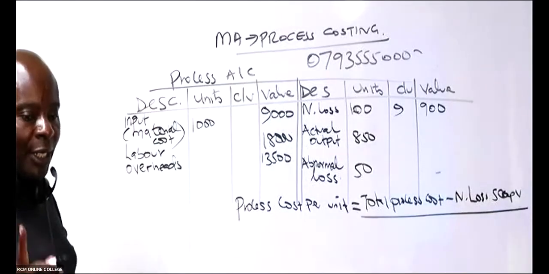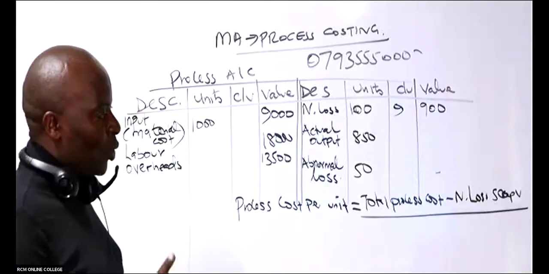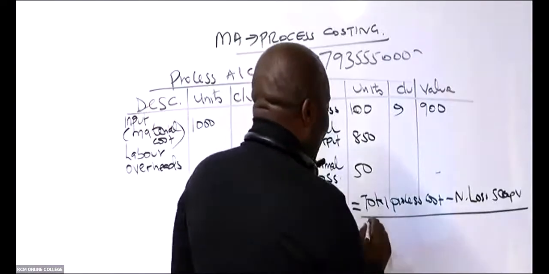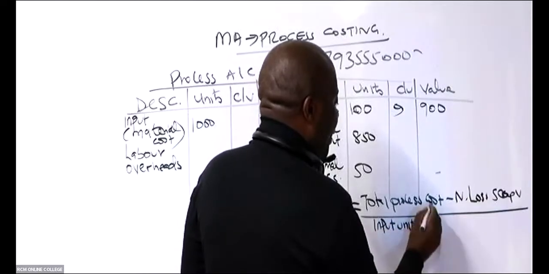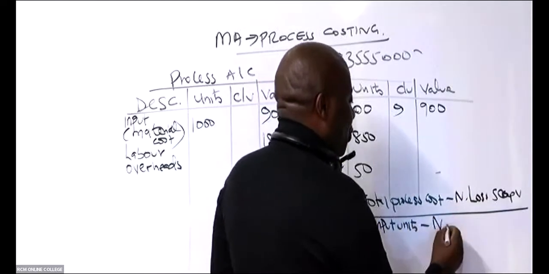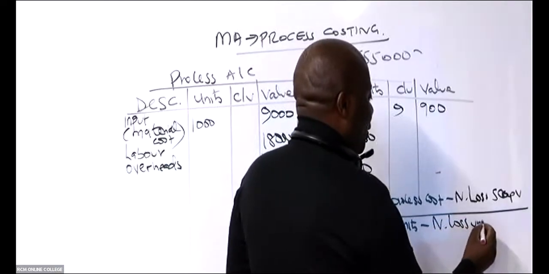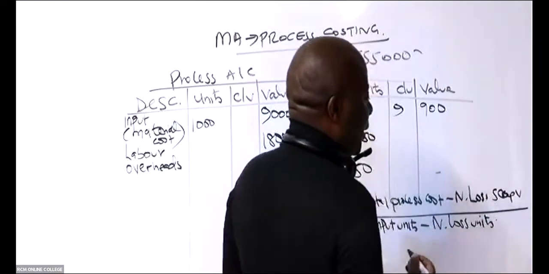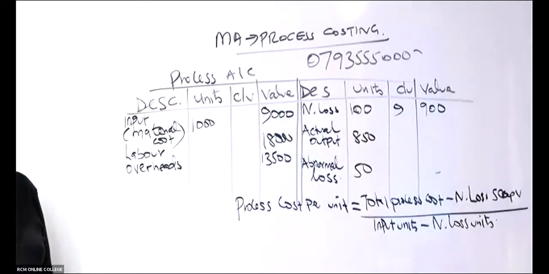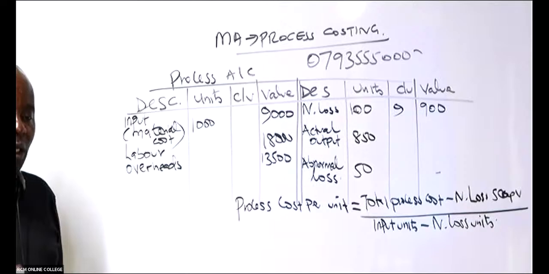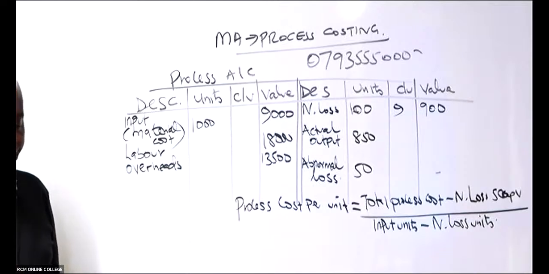I'm bringing in something new because now we are becoming professionals. This is the formula we shall be using consistently, especially as we go to what we call work in progress.